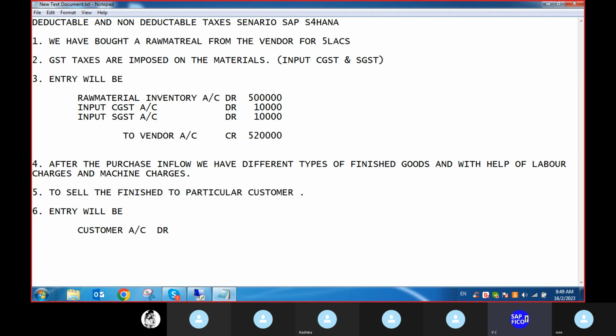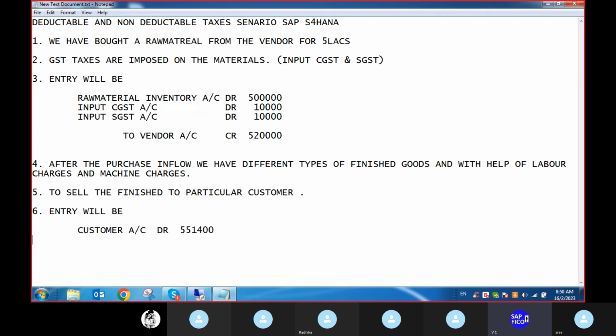Okay, good. So now what we will do, all of you: 5,20,000 plus 31,200. You can write down 5,20,000 plus 31,400, that is 5,51,400. The total amount is 5,51,400.